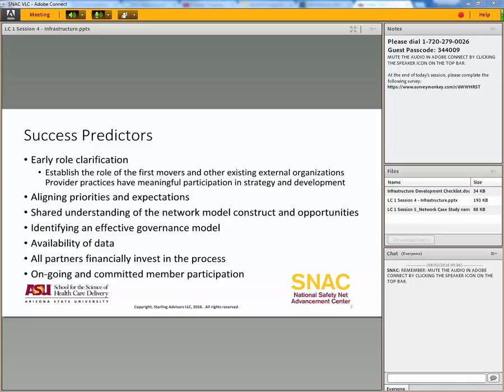It's important to align priorities and expectations. We've seen a lot of great models, and we've seen organizations develop a lot of great capacities or services, only to find out that there wasn't enough interest from the members to buy into those services.